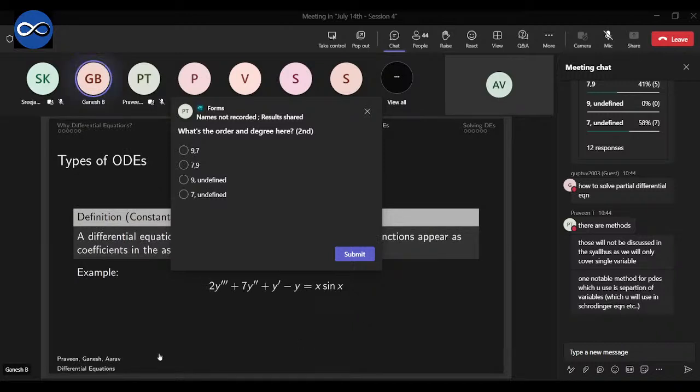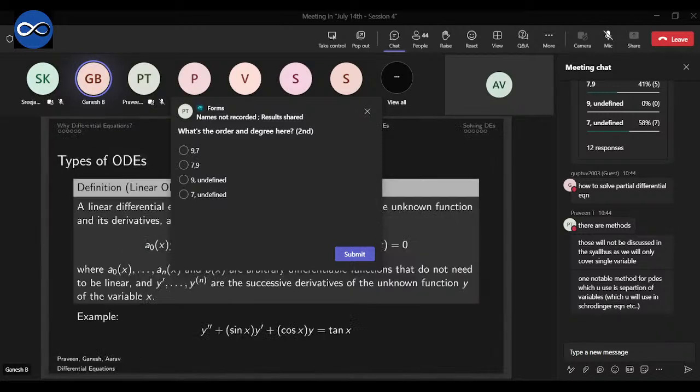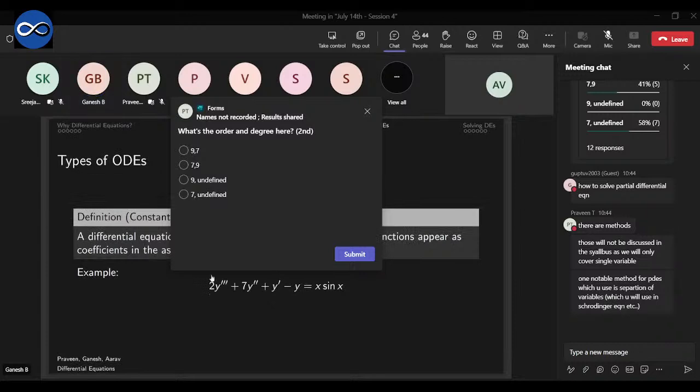Now we'll come to talk about the constant terms that we encountered here, what these constants could be, the coefficients of these derivative terms. A differential equation has constant coefficients if only constant functions appear as coefficients in the associated homogeneous equation. Here, you have this differential equation.